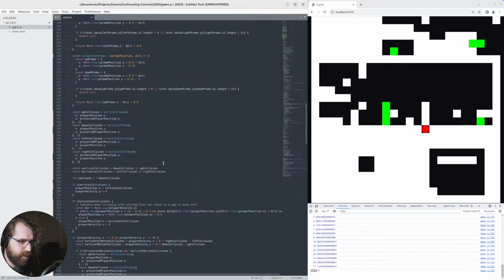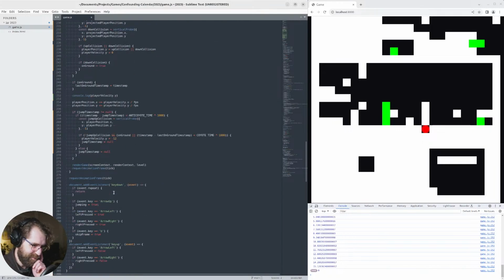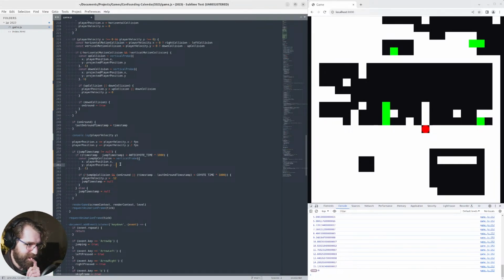I shouldn't change my units all over the place, should I? So 0.05. Okay, now I don't fall through if I skip a bunch of frames. Other bad stuff's happening. Why is other bad stuff happening? I've probably just broken something.